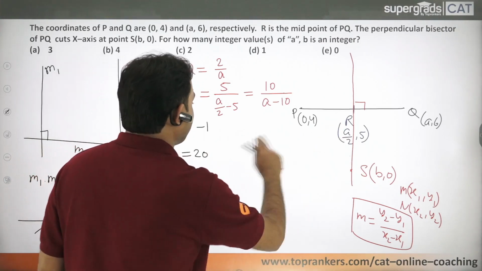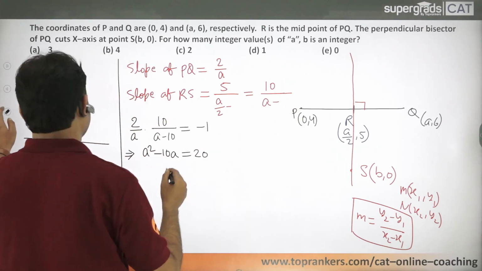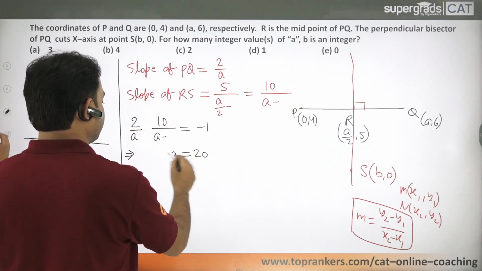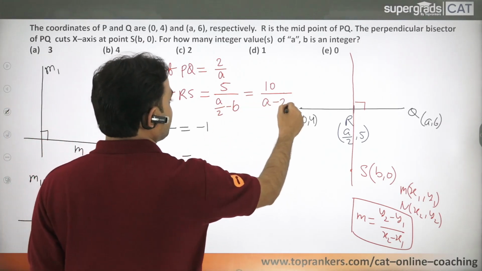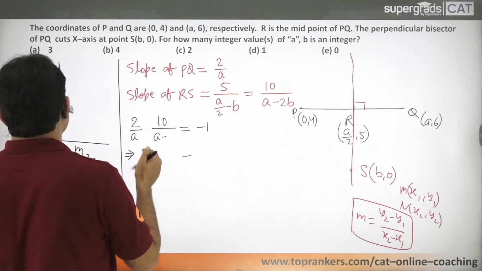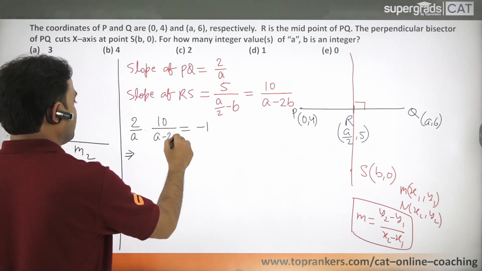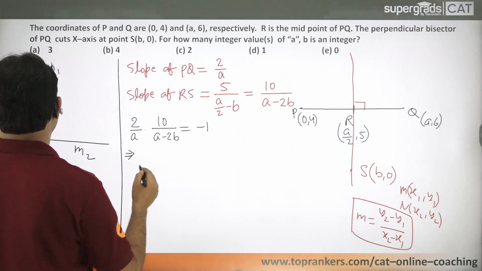So A by 2 minus B, this should be not 5, this is B. So this will become A minus 2B. And this should be A minus 2B, right? So now we got this.